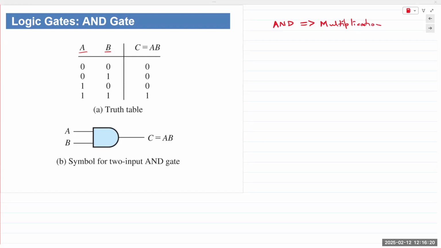If we take multiplication, then 0 times 0 gives us 0, 0 times 1 gives us 0, 1 times 0 gives us 0, and only 1 times 1 gives us 1.